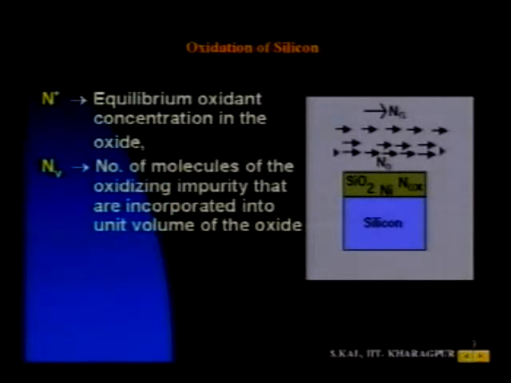Another definition is NV. NV is the number of molecules of the oxidizing impurity that are incorporated into unit volume of the oxide.